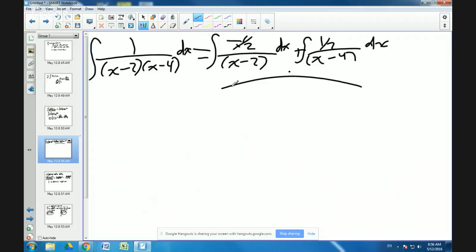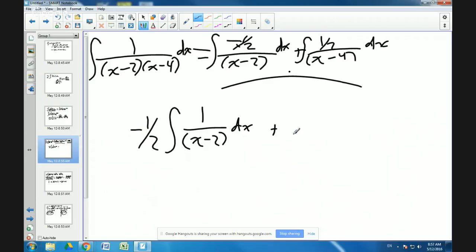Now, the 1/2 and the negative 1/2 out front, since they're simply being multiplied in, we can rewrite this as negative 1/2 of the integral of 1 over x minus 2 dx plus 1/2 of the integral of 1 over x minus 4 dx.